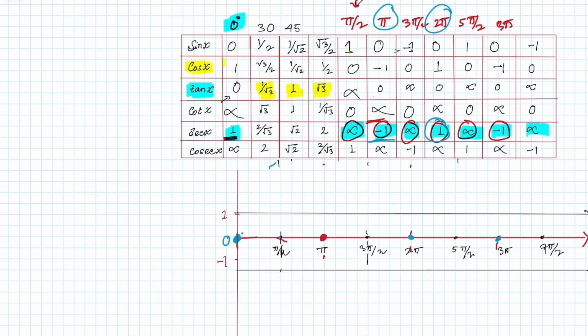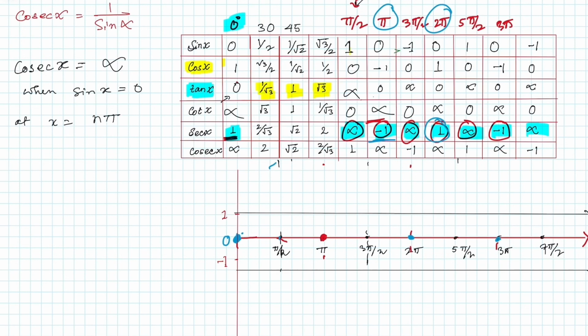Now let us draw the graph of cosec x. Now you see, cosec x is equal to 1 by sin x. Cosec x is not defined when sin x is equal to 0, and sin x is 0 at x equal to n pi.